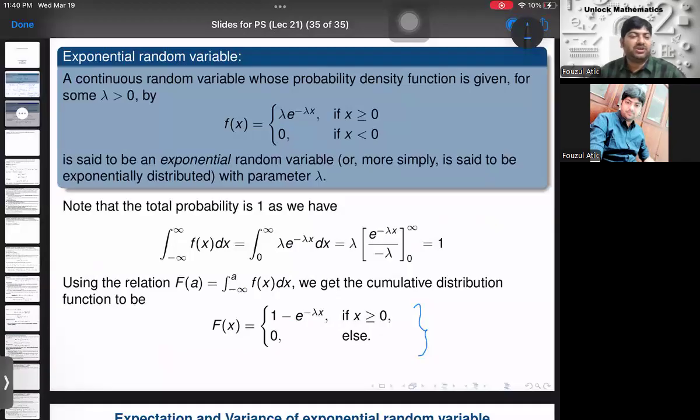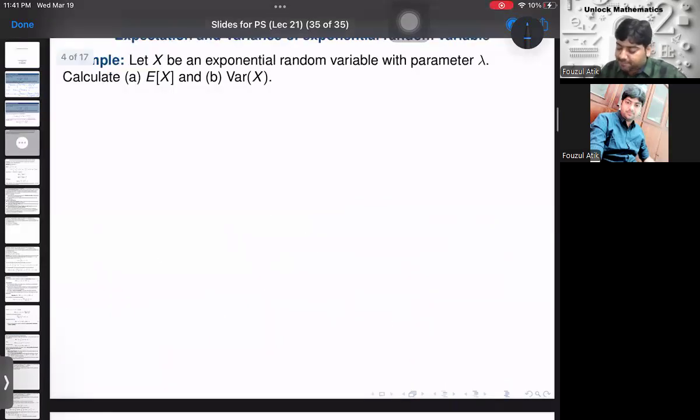So this is the cumulative distribution function for the exponential random variable. Clear? We calculate it because once you know this, many probabilities can be written directly with the help of the cumulative distribution function. So these are also helpful in many cases.